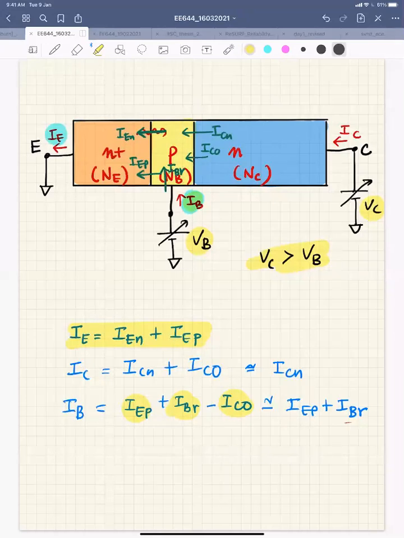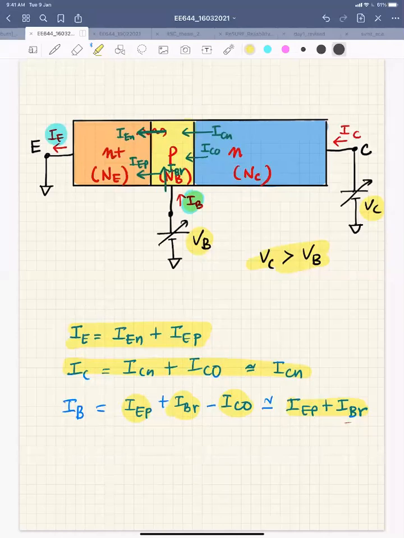So mostly I write my base current as the hole component of the emitter current plus the recombination current, right? And collector current is ICN plus ICO, where ICN is the number of electrons collected by the collector.